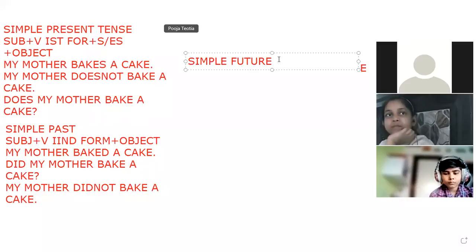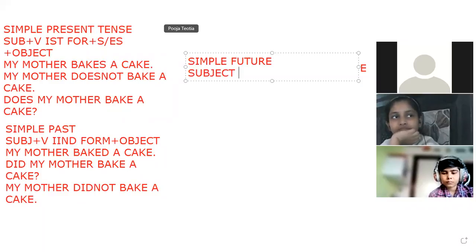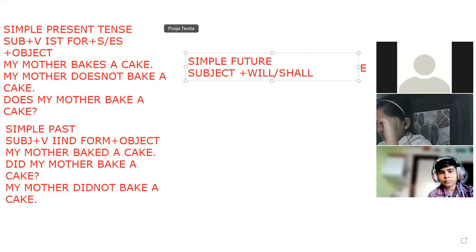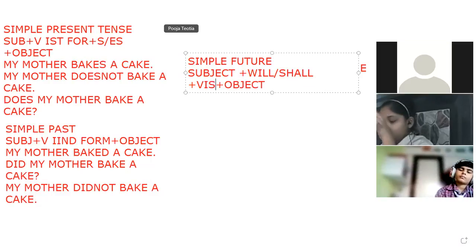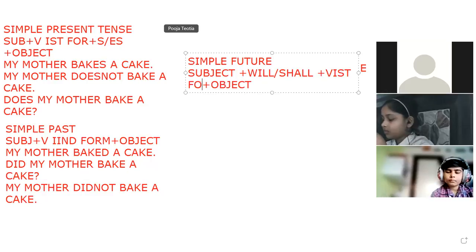Subject plus will, and shall is used when we are giving a suggestion, plus verb first form, plus object.